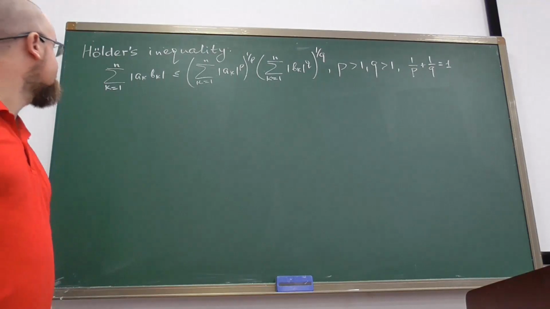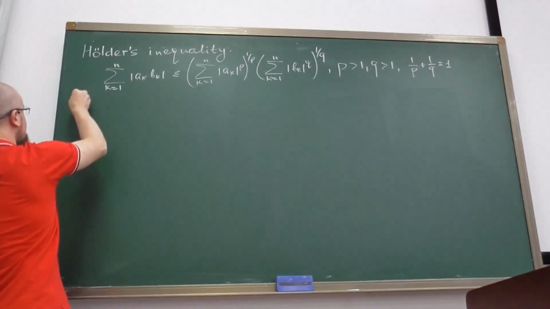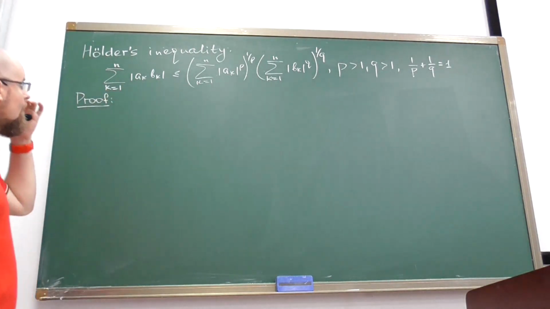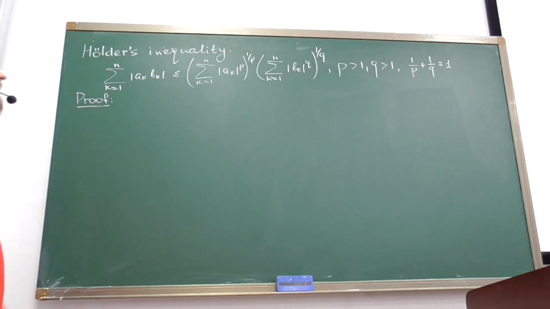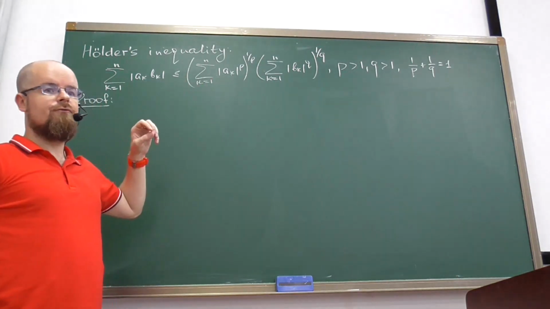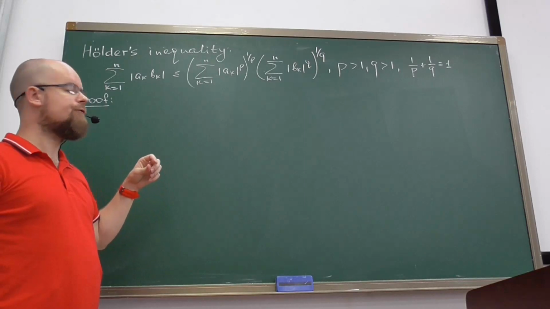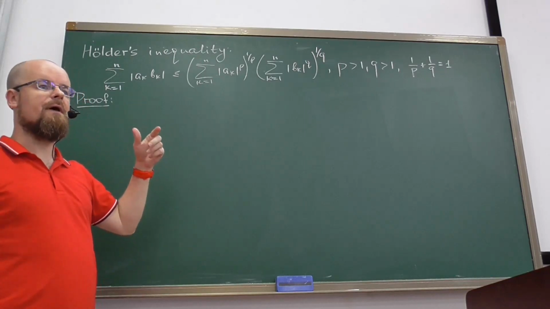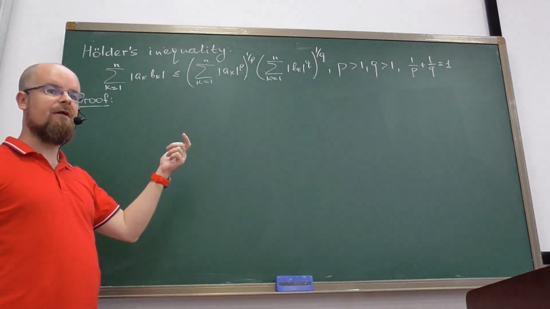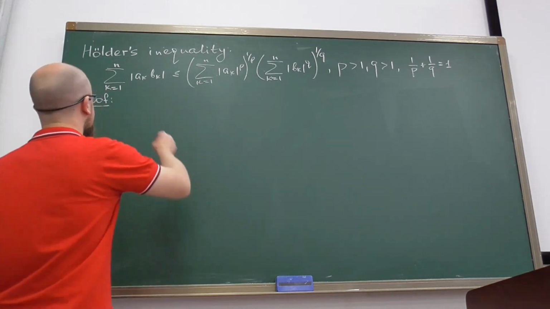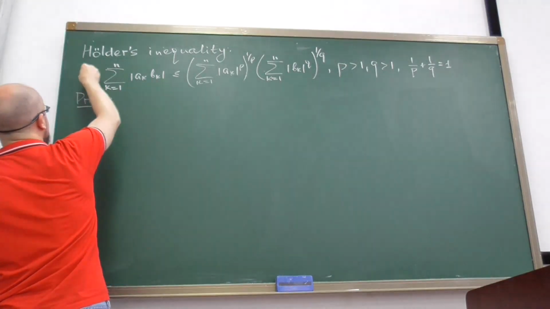Okay, let's get started. Proof. First of all, let's note that if this inequality holds for a and b, then it also holds when a is replaced by a times some scalar and b replaced by b times some scalar. Let me call it asterisk.